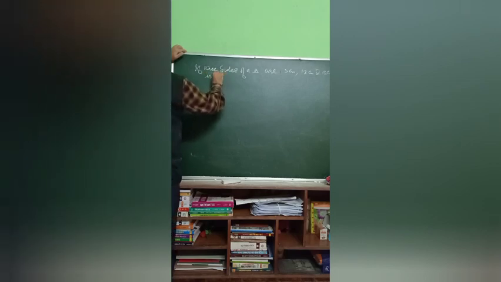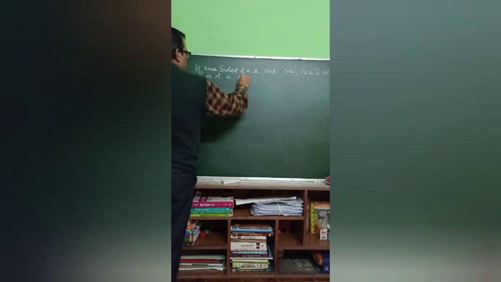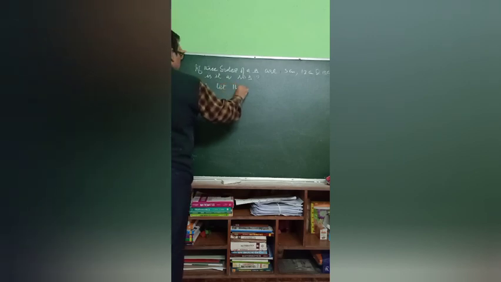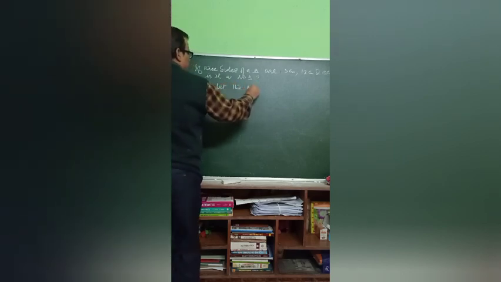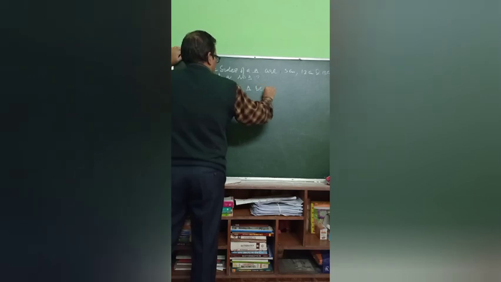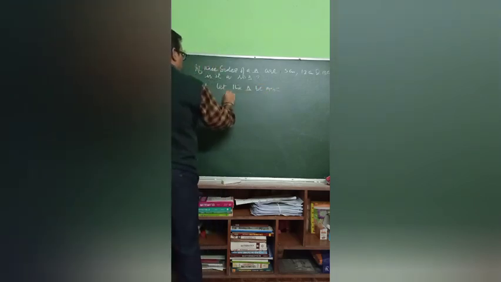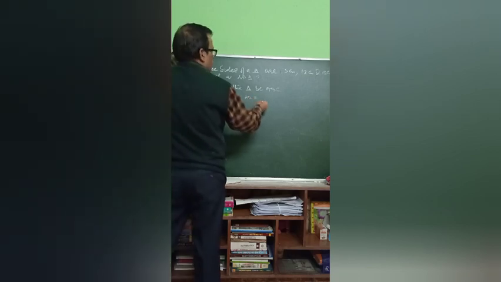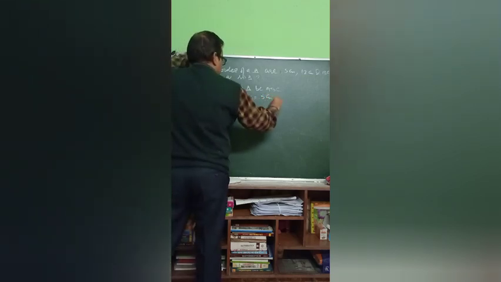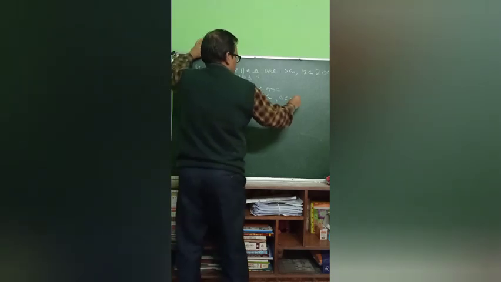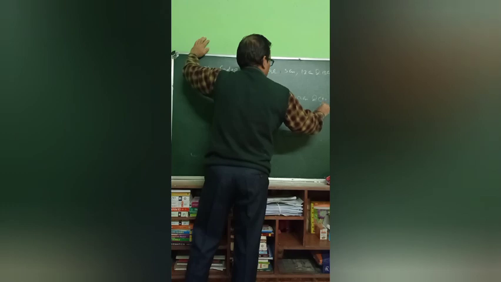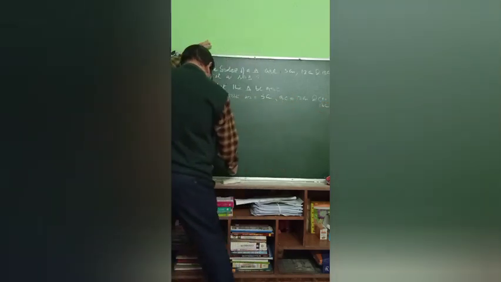Solution. Let the triangle be ABC with AB equal to 5 centimeters, BC equal to 12 centimeters, and CA equal to 13 centimeters.